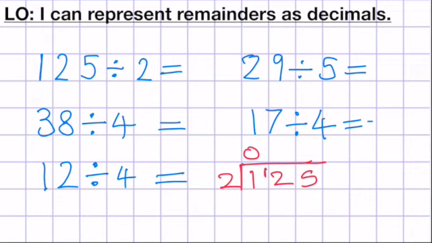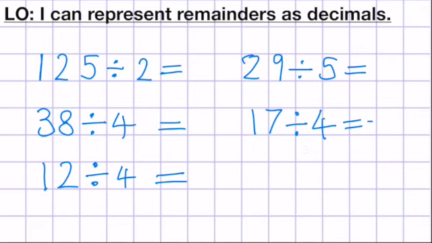Carry the 1 over. 2 goes into 12 6 times. 2 goes into 5 2 times, and we have a remainder of 1. So we put our 0 there, put our remainder of 1, and 2 goes into 10 5 times. So 125 divided by 2 is 62.5.